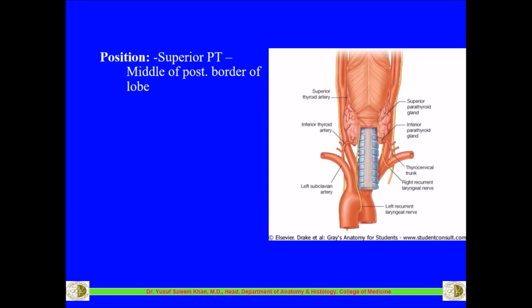Coming to the position, the superior parathyroid will be present on the middle of the posterior border of the lobe. If you can see here, this is one of the lobes, and this is the posterior border. In the middle part of the posterior border, not on the top of it, will be the superior parathyroid of the right and left lobe.